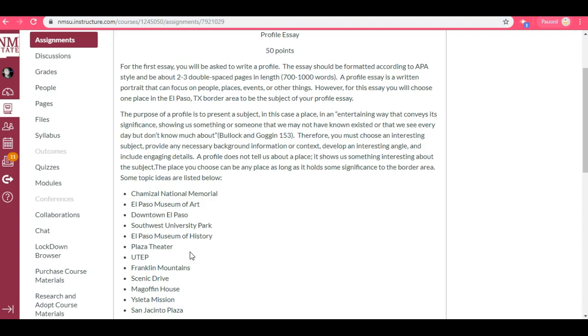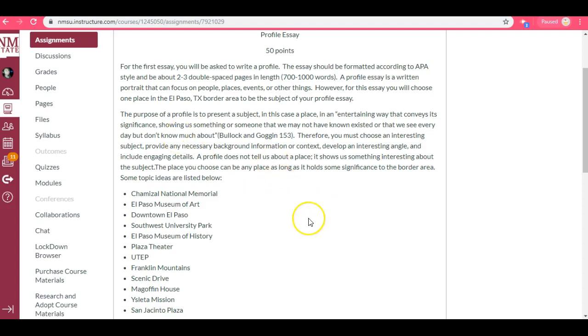So, moving on, a profile, like I said, is a written portrait, but it also presents the place in a very interesting way. You're not just going to describe a building, you're going to describe it in a way to show why the building is special or to show a specific angle about that building.